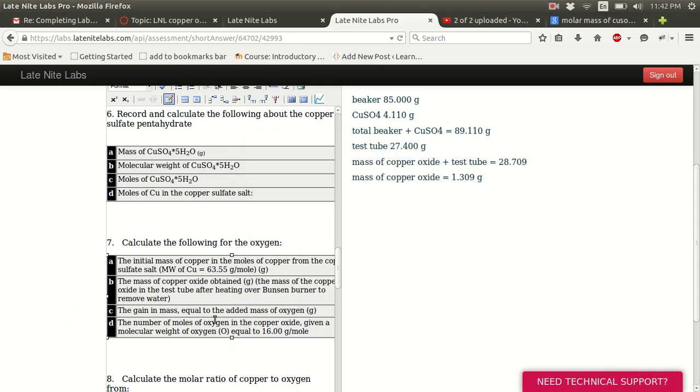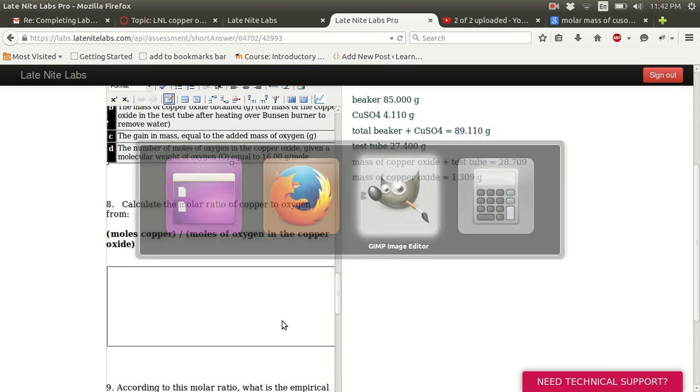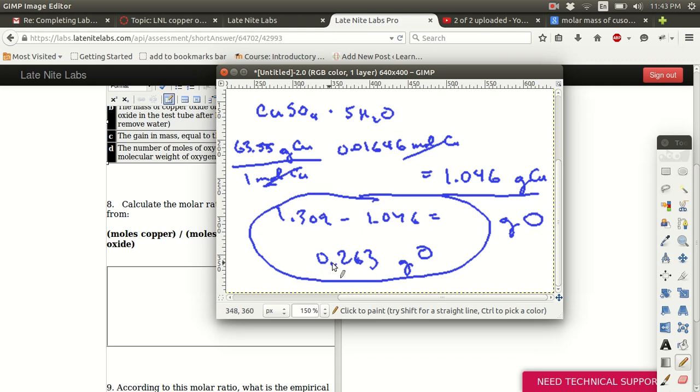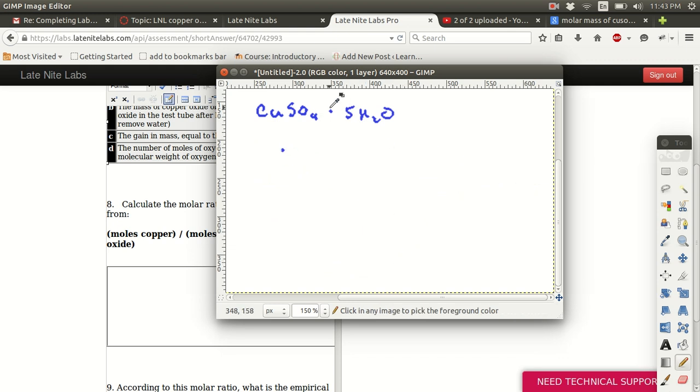Now, how many moles is that? Let's convert it to moles then. I'm going to convert this number into moles. This is 0.263 grams of oxygen, okay? Oh, so I can tell why I got a question about this. Yeah, this is very complicated. I'm converting to moles. I know that in 1 mole, there are 16.00 grams of oxygen. 1 mole of oxygen, that's that many grams of oxygen.